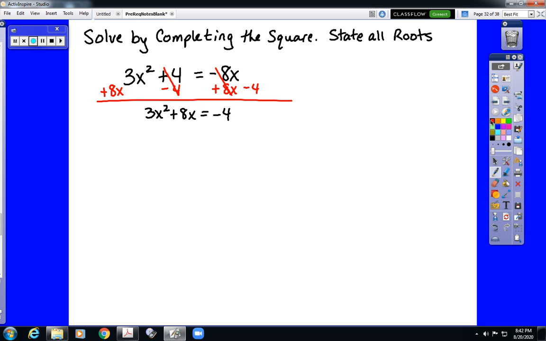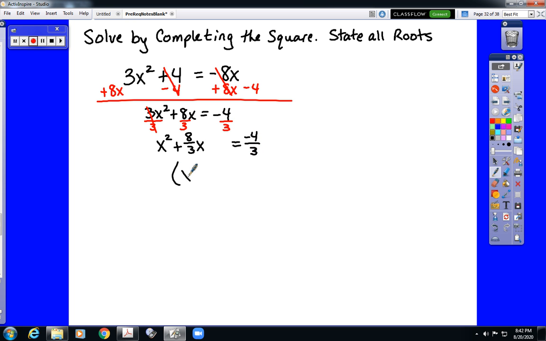In addition, we need that 1 in front of x squared. So we do have to divide everything by 3. So when we get to the point where we're ready to start completing the square, we are working with x squared plus 8/3 x equals negative 4/3.